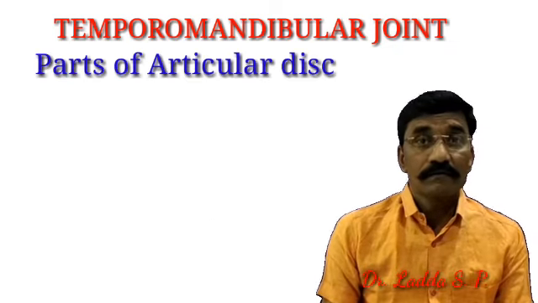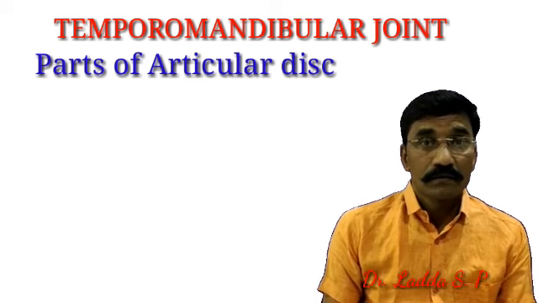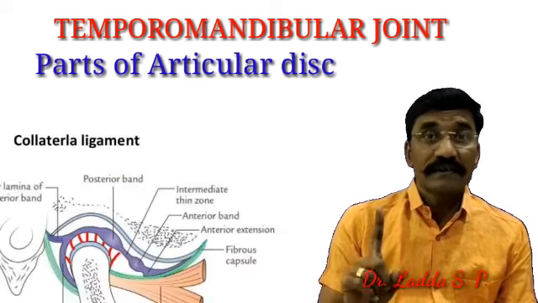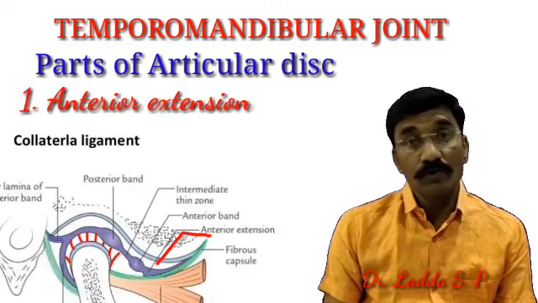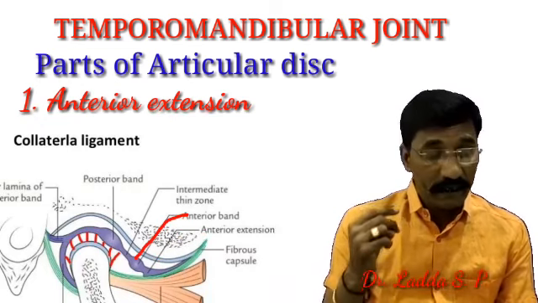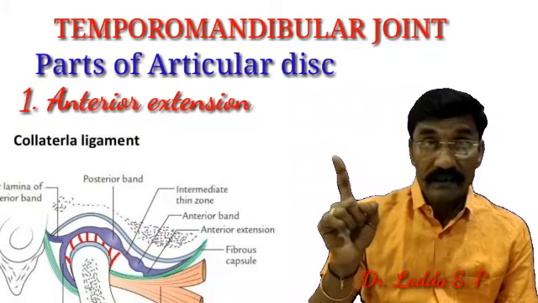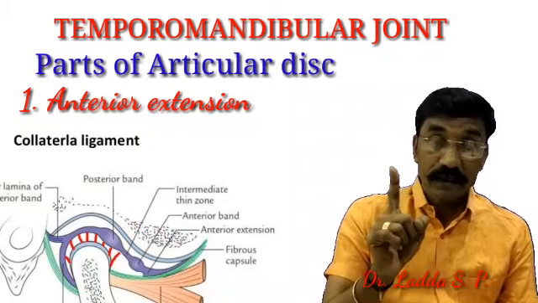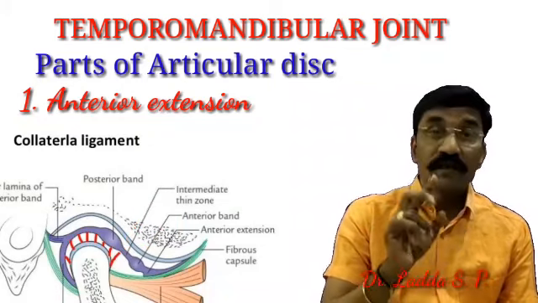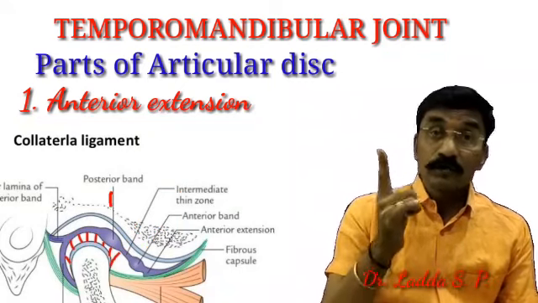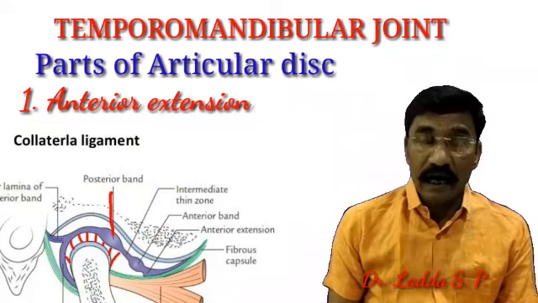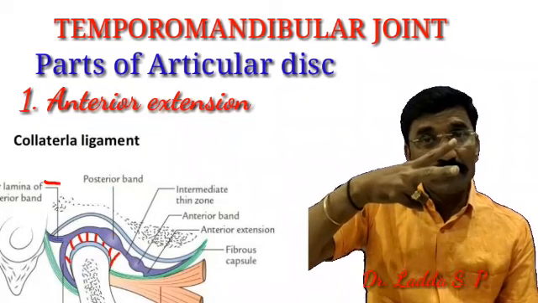Number one, anterior extension. Number two, anterior thick band. Number three, intermediate zone. Number four, posterior thick band. And last is the bilaminar region.